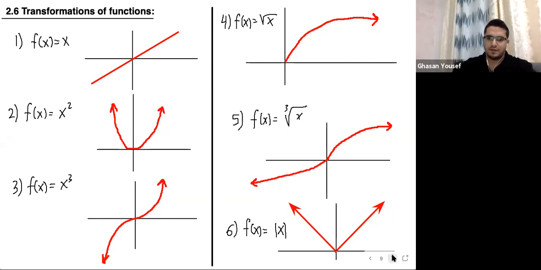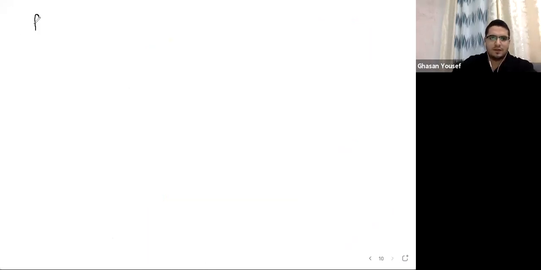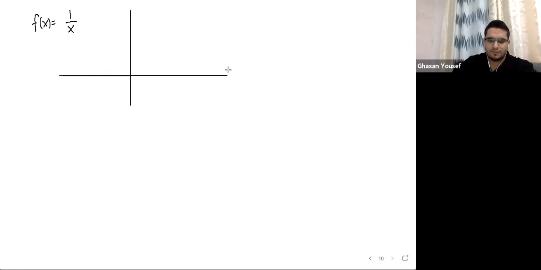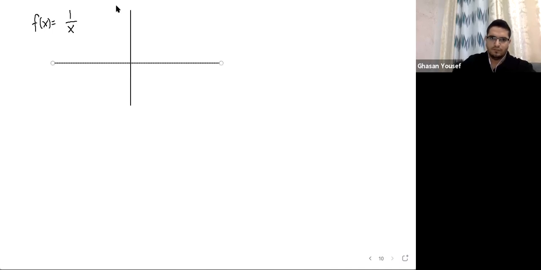Okay, so f of x equals 1 over x. For the graph of this function, I can plug inside this function all numbers except 0. I can't plug 0.